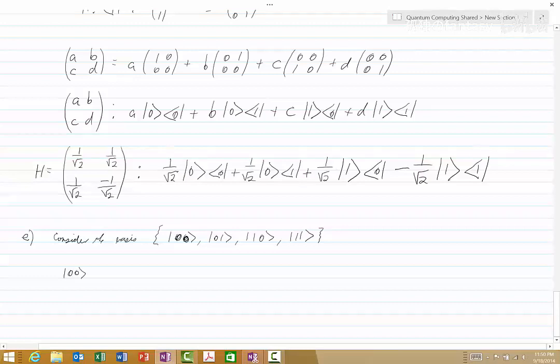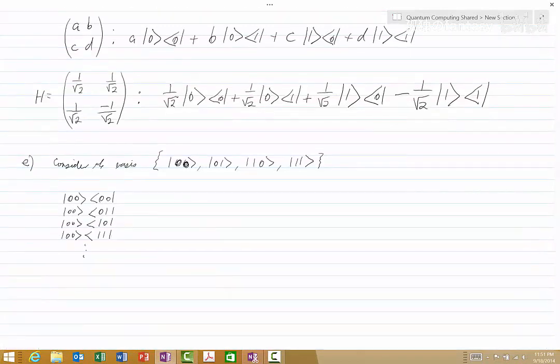So we'll have this, that's the first 4, and then you would keep on going, and finally down here we get |11><10|, |11><11|.